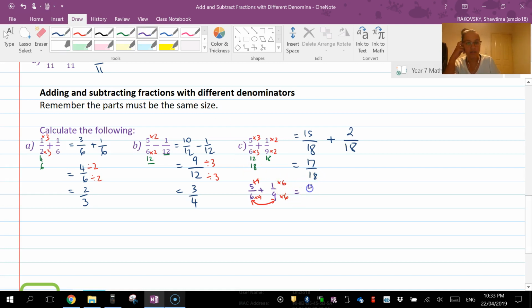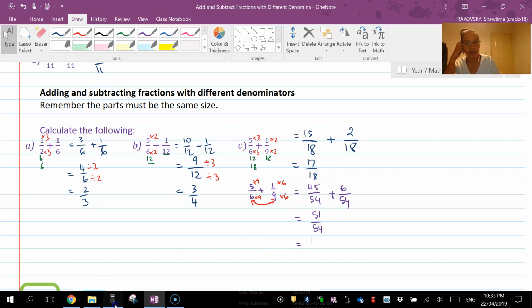So 45 plus 6 over 54. And the answer is going to be 51 over 54. And I reckon if you divided this by probably 3, it's going to give us 17 over 18.